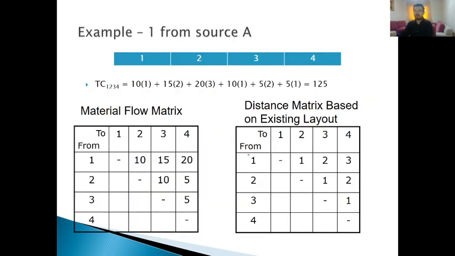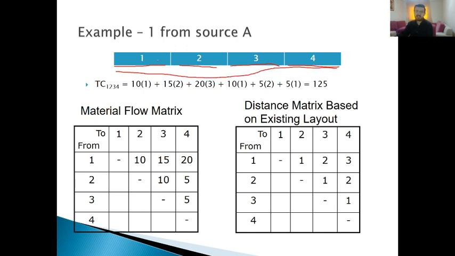Now let me solve an example problem, a very simple example problem to make it clear. In this example problem, there are 4 departments. Okay, these rectangular blocks represent the locations of departments, and these departments are going to be arranged in a line like an assembly line.